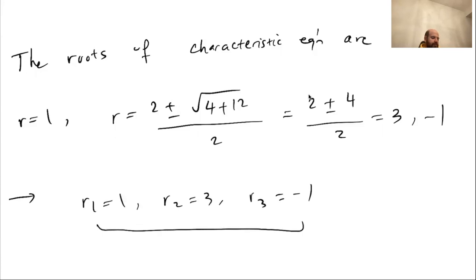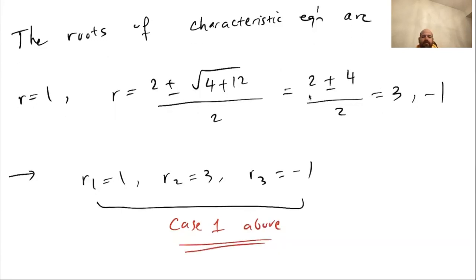So basically we are in case 1 above, because they are all real valued roots and they're all simple. They are not repeated. I didn't find 3 twice. If, for example, I got 2 plus minus 0 over 2, then it would be 1 and 1, and that would be a repeated root. But here there is no repeated root.